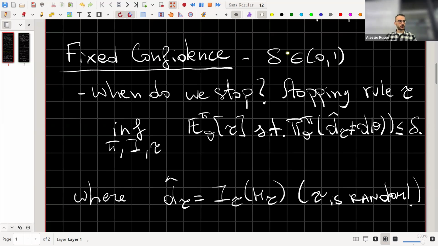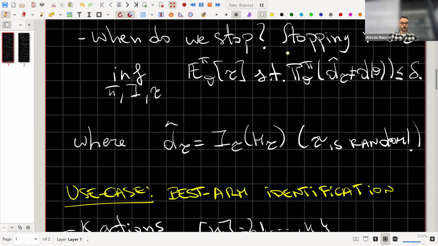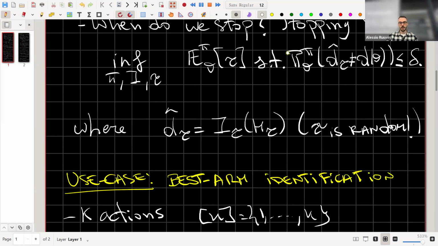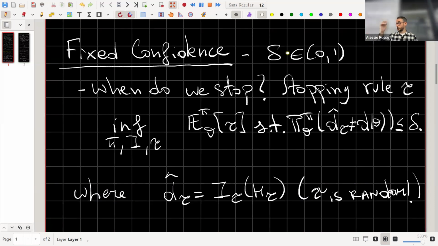Okay, so we want delta to be small, possibly, but obviously the smaller delta, the harder the problem will be. And here what's interesting is that the inference that we make, the hat tau, depends on tau. It depends on this random variable. So not only does it depend on the trajectory, which is random because of pi and because of the underlying probability distributions of the model, but we also have this stopping rule tau that can cause some problems. So this is the very general case.